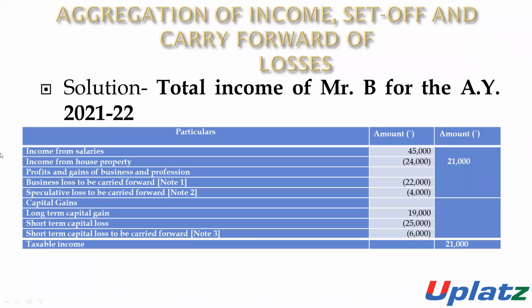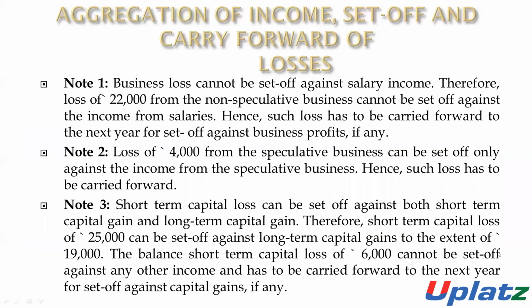The income from house property 45,000 rupees less loss from house property 25,000. PGBP we cannot set off with the salary income. Capital gain, long term capital gain of 19,000 less short term capital loss, 6,000 rupees will be carried forward. So the taxable income is 21,000 rupees.